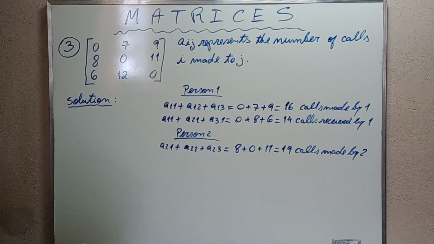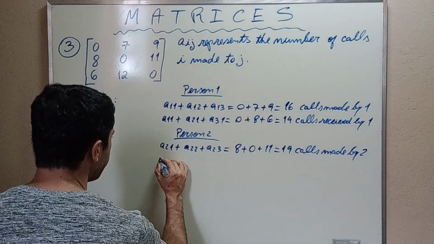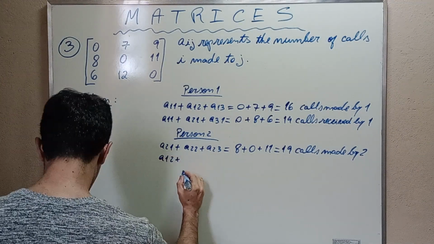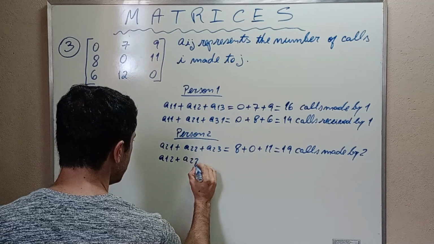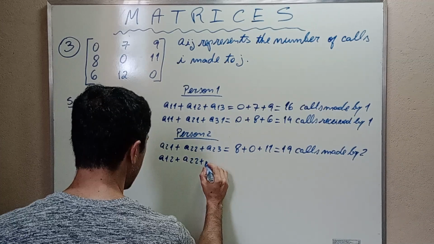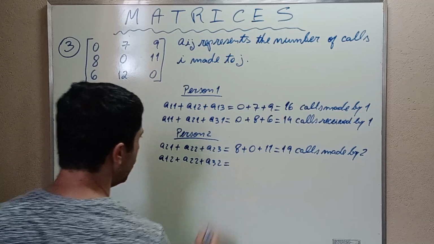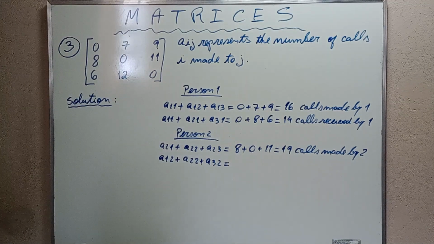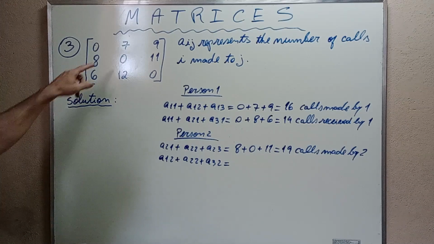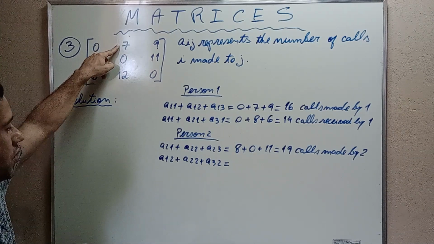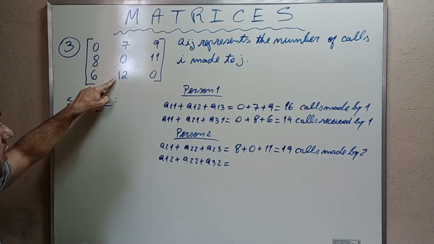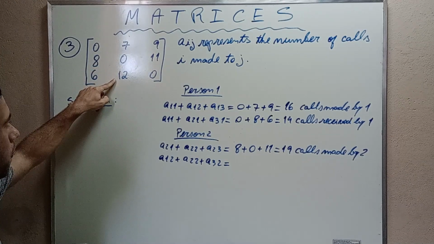Similarly, A12 plus A22 plus A32 represent the number of phone calls received by person 2. A12 is here, A22 is here, and A32 is here.